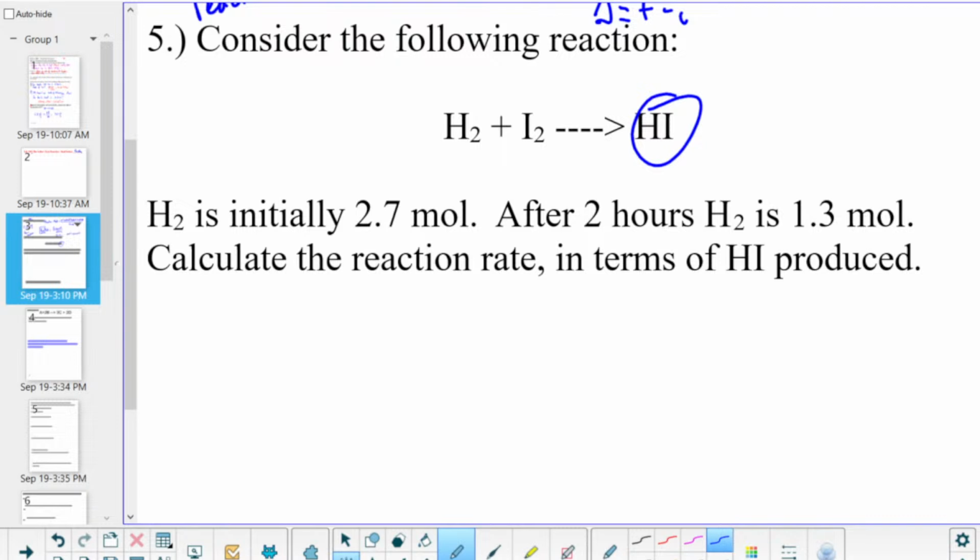I'm just figuring negative. First, we need to figure out the polarity of each.